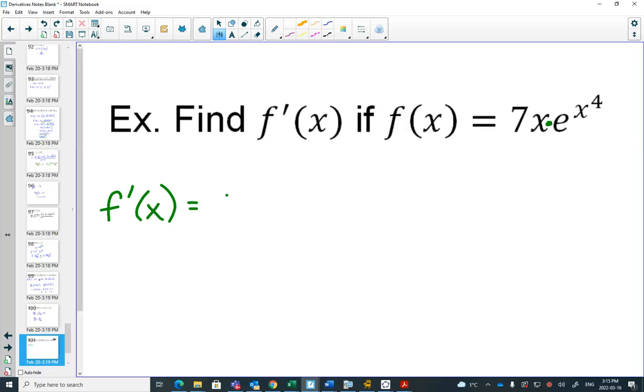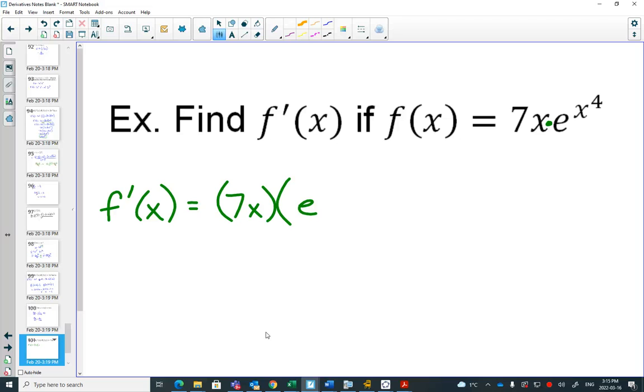So we keep the first one the same. Then the derivative of the second one. When you look at the derivative of the second one, do we have to do anything to it? Is it a chain rule? Yes. So chain rule, we have to determine what is our outside function? e to the x.